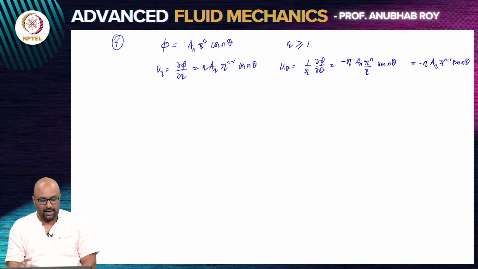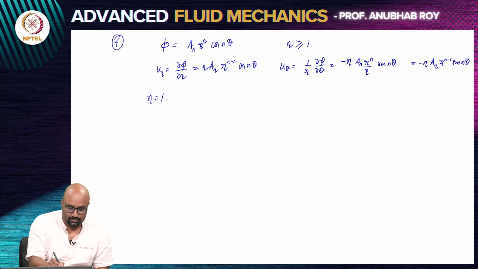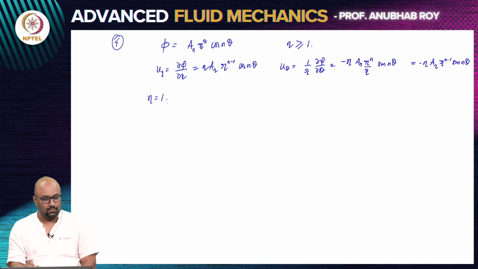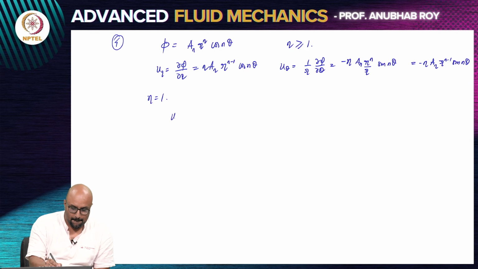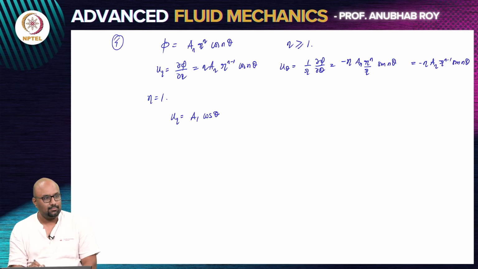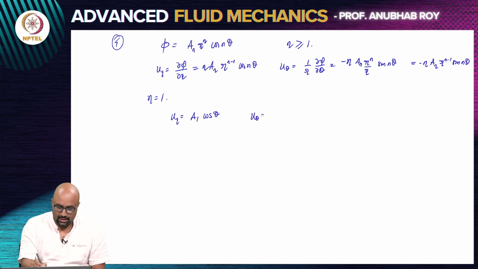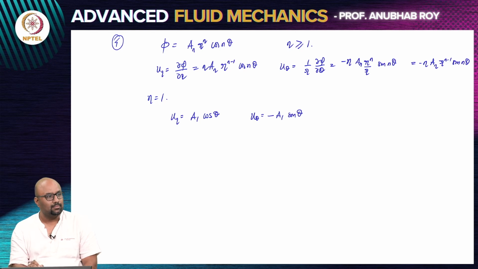So, if you take n equals 1, what do you get? U_r is a_1 cos theta. U_theta is minus a_1 sin theta, which is nothing but uniform flow written in polar coordinates. U_x equal to constant, U_y equal to 0 is what you will recover from this.